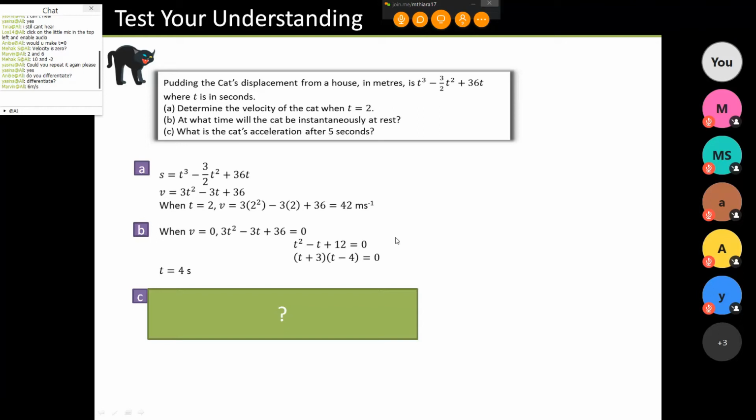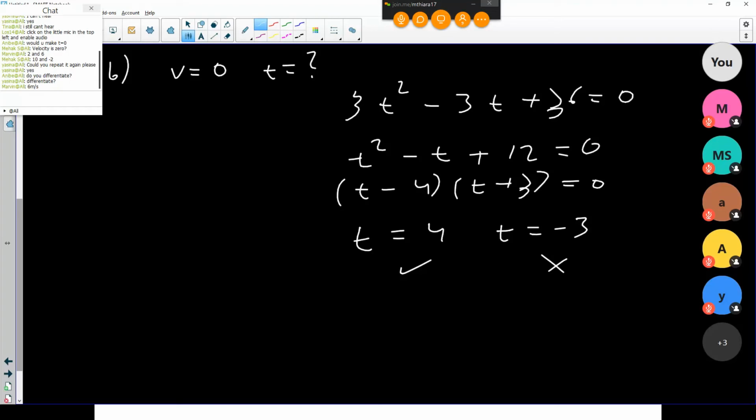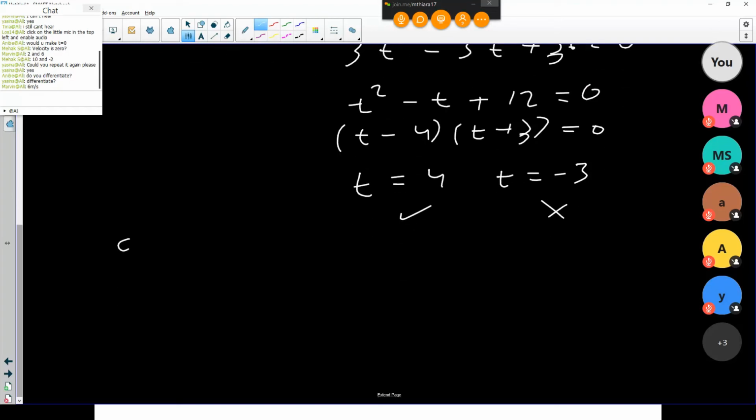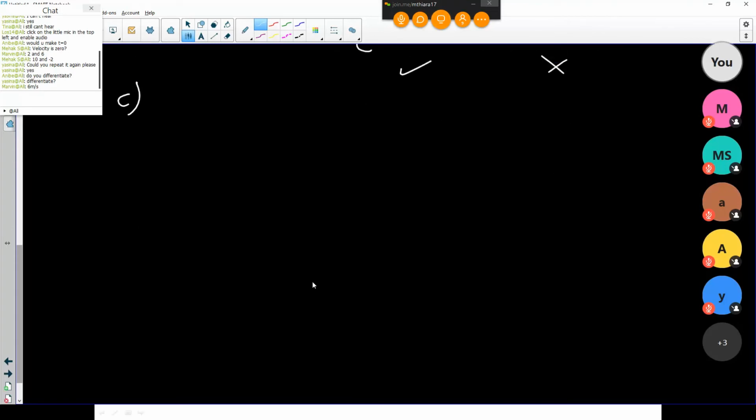Now for part C, the question is asking us what is the cat's acceleration after 5 seconds. So now for part C, I need to work out the acceleration of the cat after 5 seconds, when t equals 5.